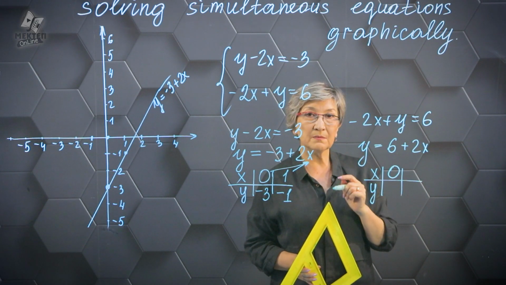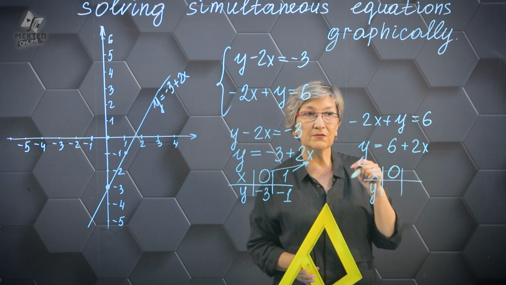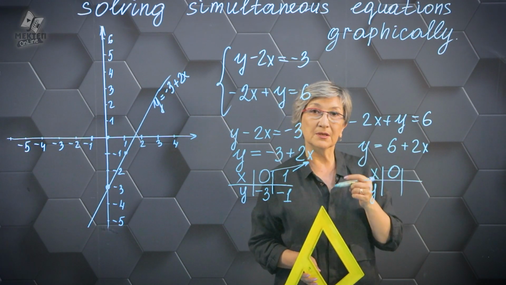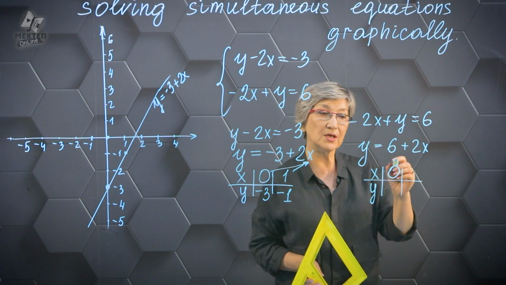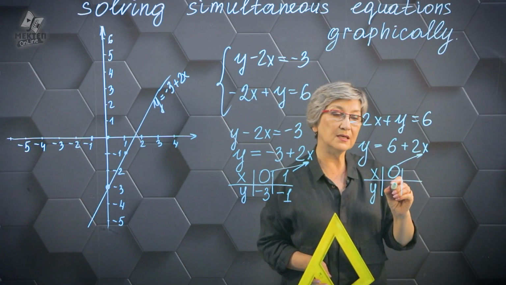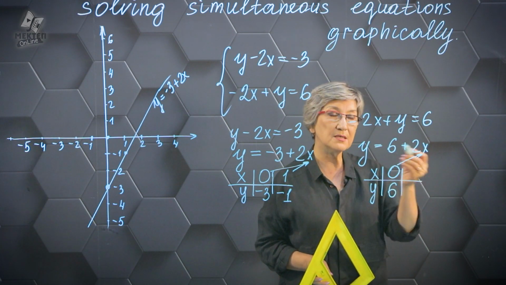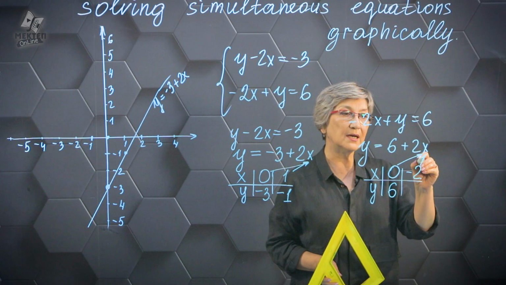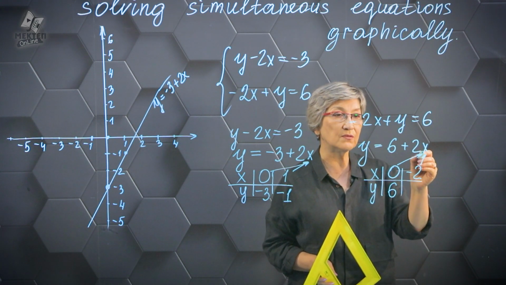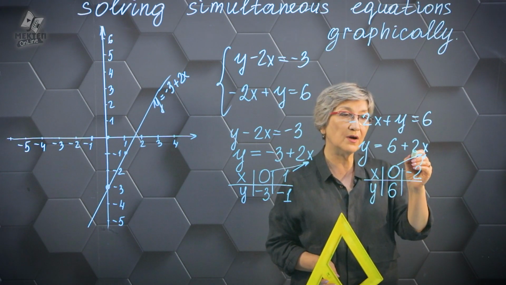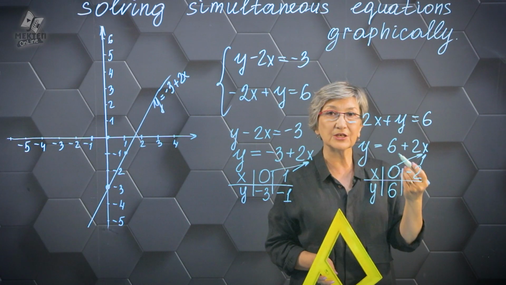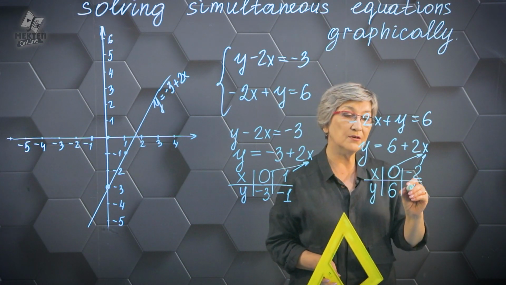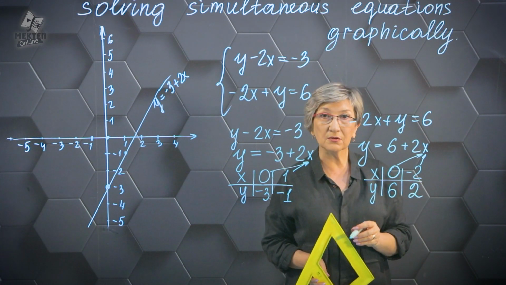You might have seen that I substitute 0 for x every time. It's convenient to compute this value, so y will be equal to 6. Now, instead of x, I will substitute a value equal to -2. Then, if x equals -2, 6 minus 2 multiplied by -2 equals 6 plus 4, and as a result, y will equal 10.